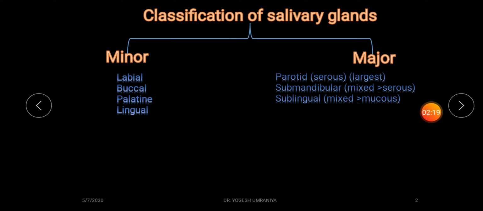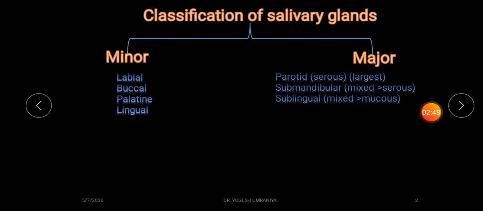To remember the submandibular and sublingual glands, you just have to take two letters from the spelling. Suppose from the submandibular gland we take the S and M, which stand for serous and mucus, but the S comes before the M, that's why the serous component is more than the mucus component in the submandibular gland.